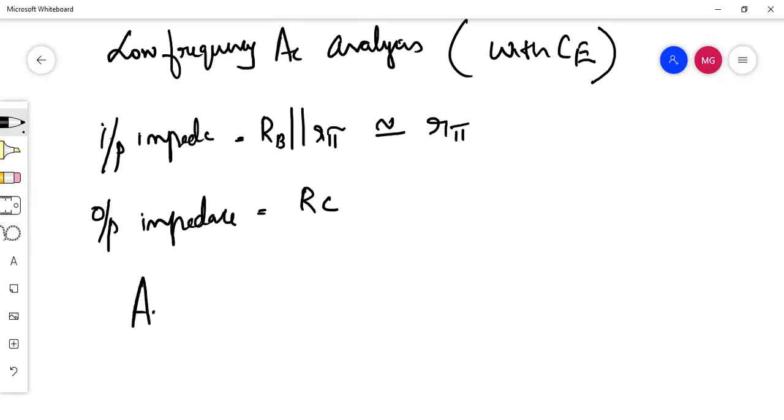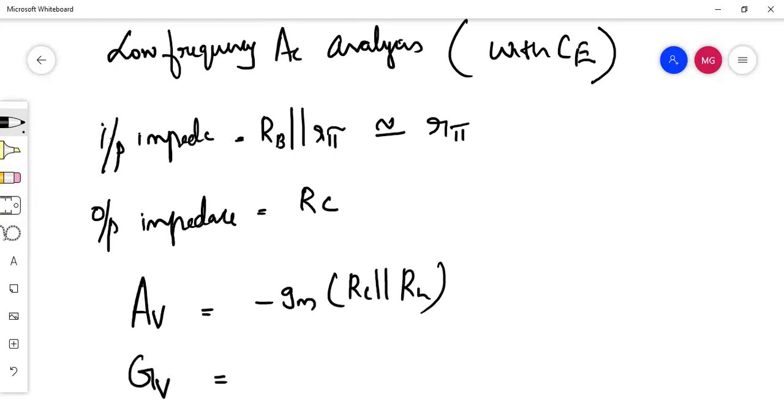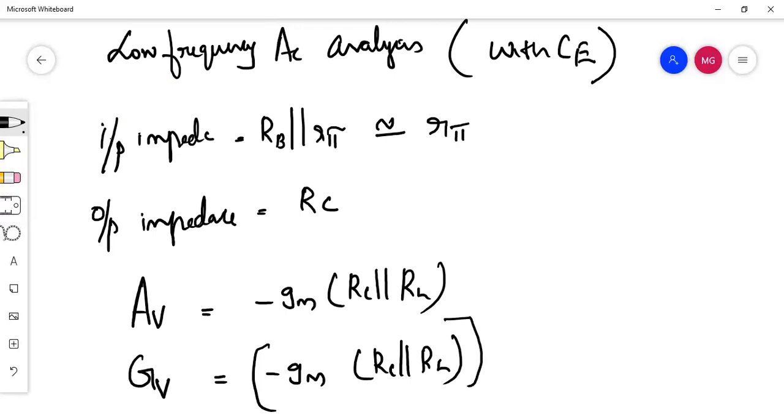Then voltage gain, that is minus gm into RC parallel RL. And then overall gain, that is equal to minus gm RC parallel RL into R pi divided by R pi plus R signal.